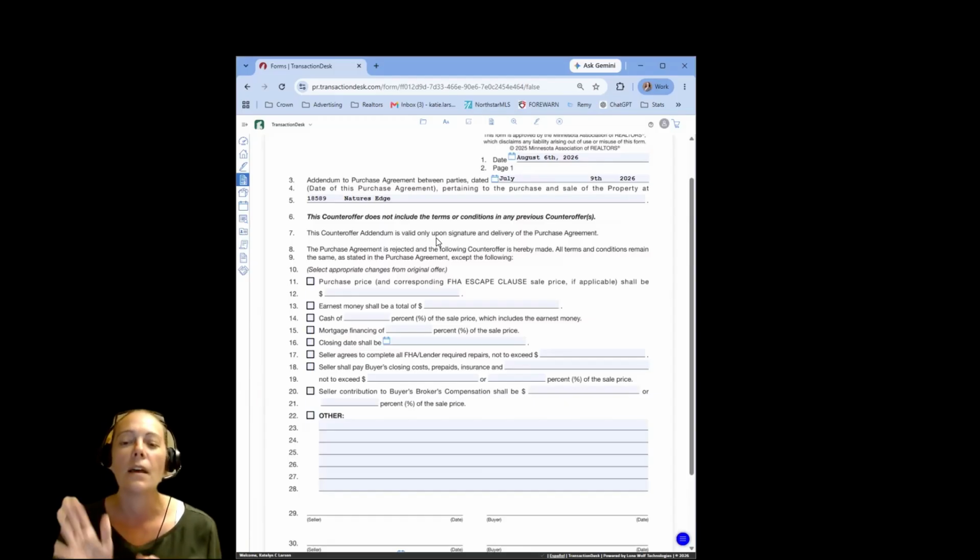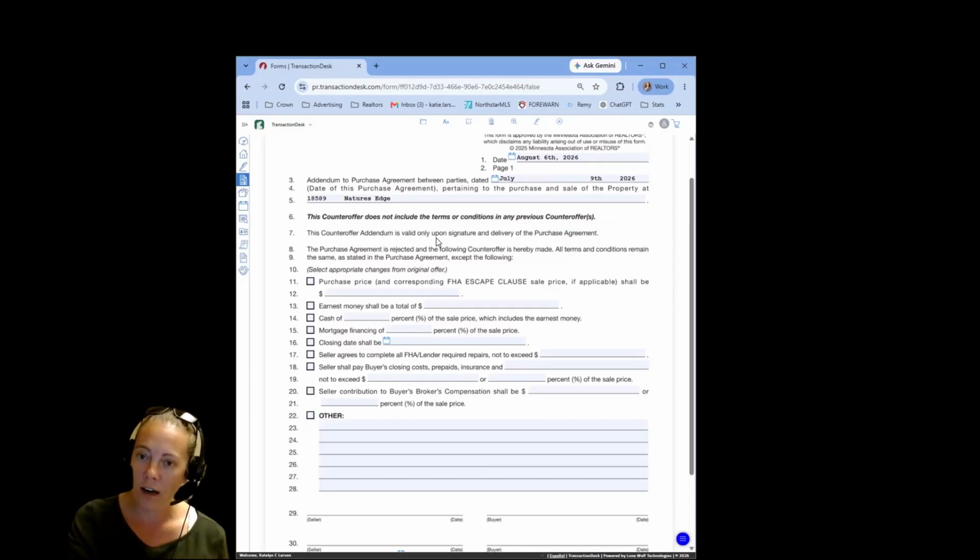Okay. You will get sellers who will say that they don't feel comfortable signing the offer that the buyer has given them because they don't fully understand that it is not valid because we have a counteroffer, because we've checked that box.